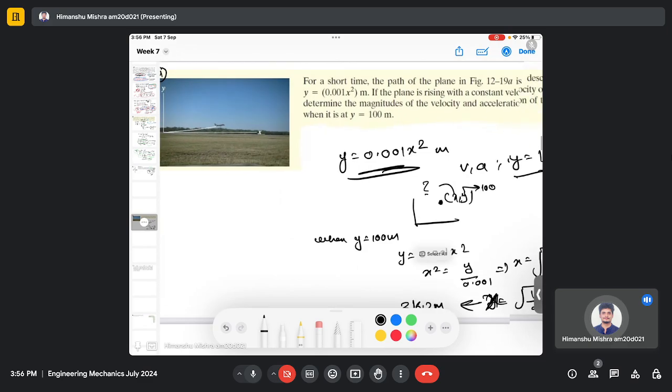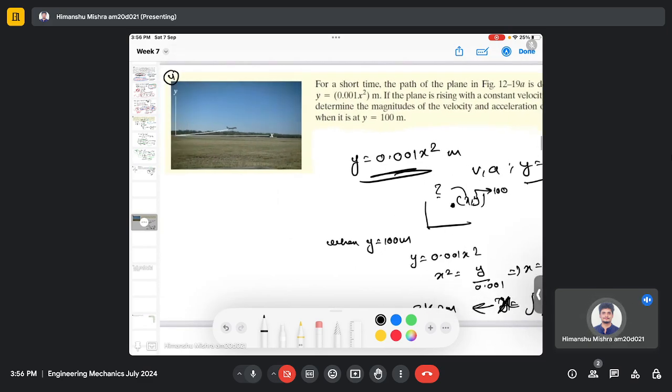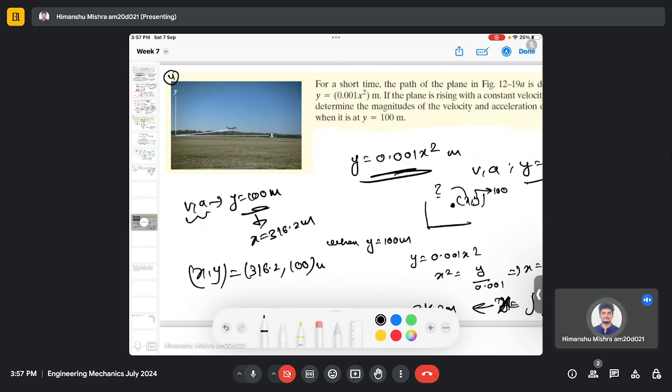So you need to find the velocity and acceleration when y equals 100 meter, and at that position your x is 316.2 meter. So basically you need to find the velocity and acceleration when it reaches the point x, y, which is 316.2 comma 100 meter.